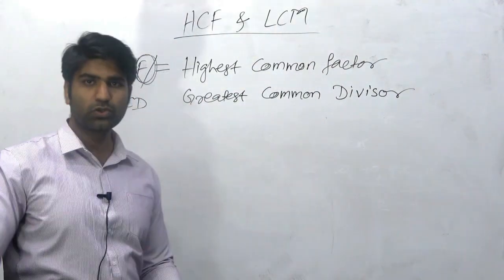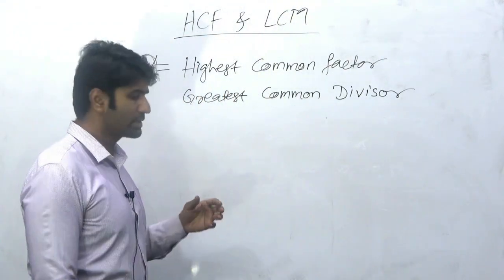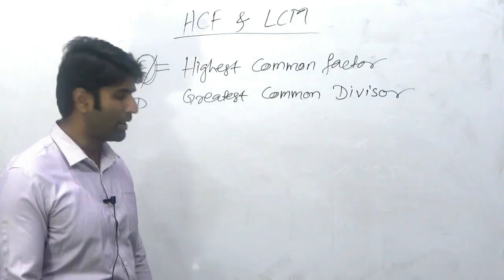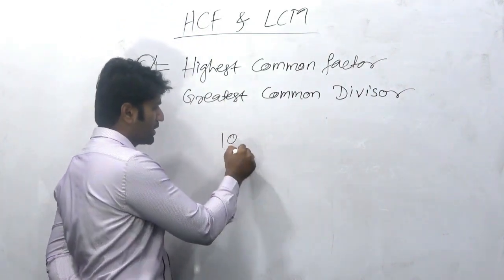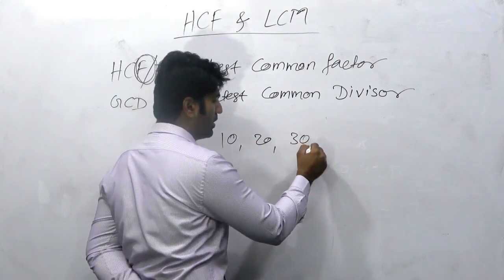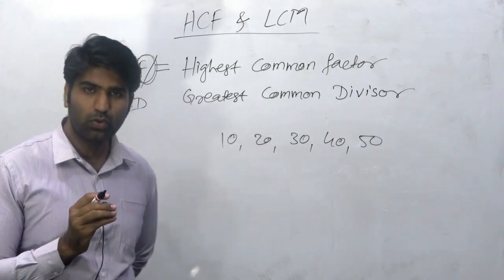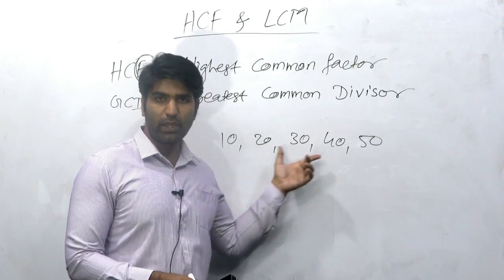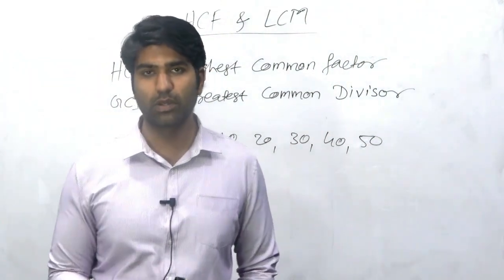Okay, so let's take another example, and I want to share a trick with you. The trick is, sometimes it works when the numbers are in that manner. The last example was 10, 20, 30, 40 and 50. So we have to decide whether any number among them can be the HCF of these numbers.